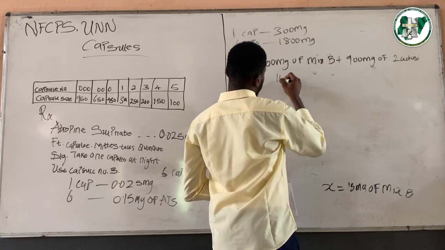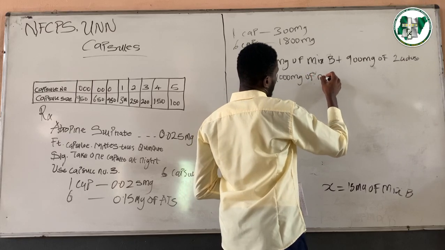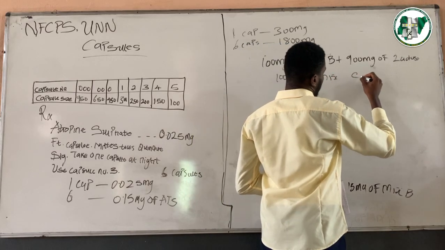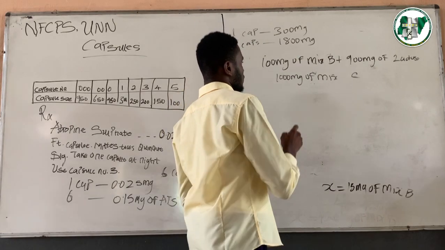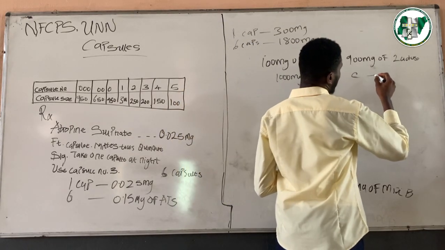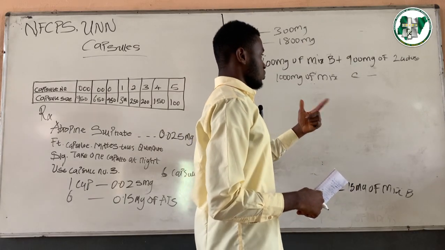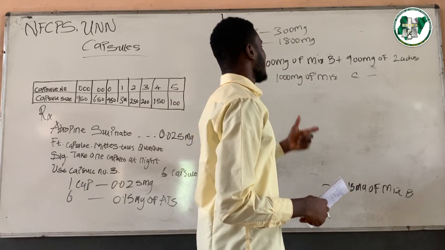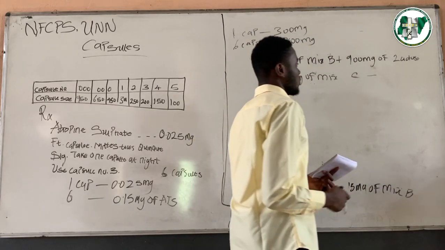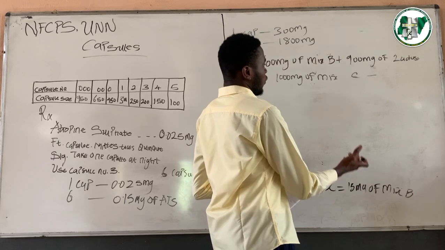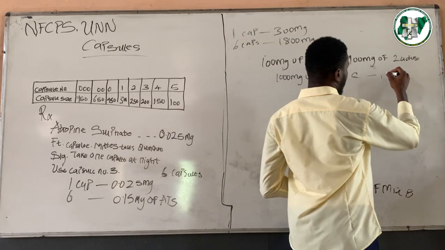I have 1000 milligram of, let's call this mixture C, right? So this 1000 milligram of mixture C will contain 1/10 of the previous weight of poison in mixture B, which will now be 1 milligram, right?